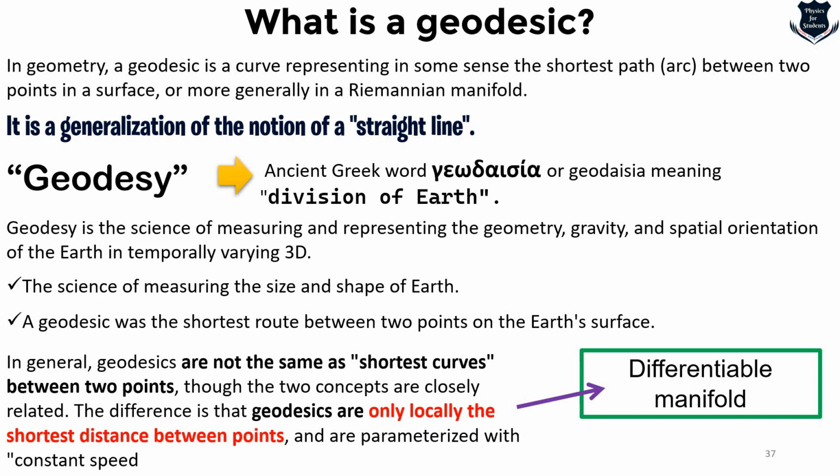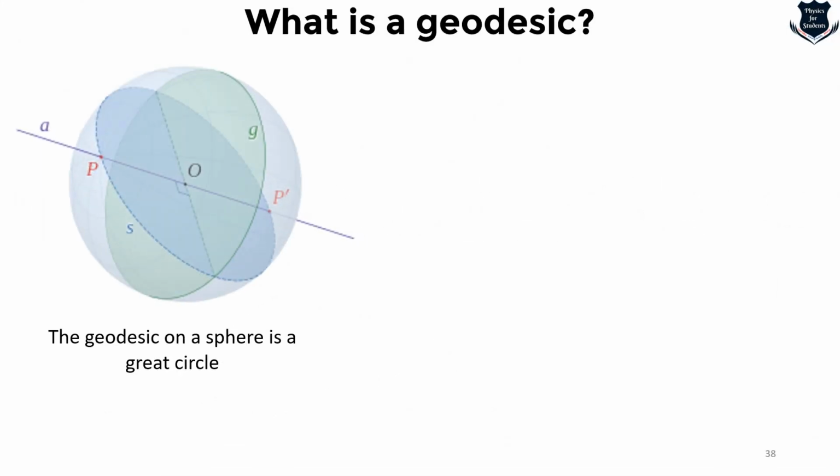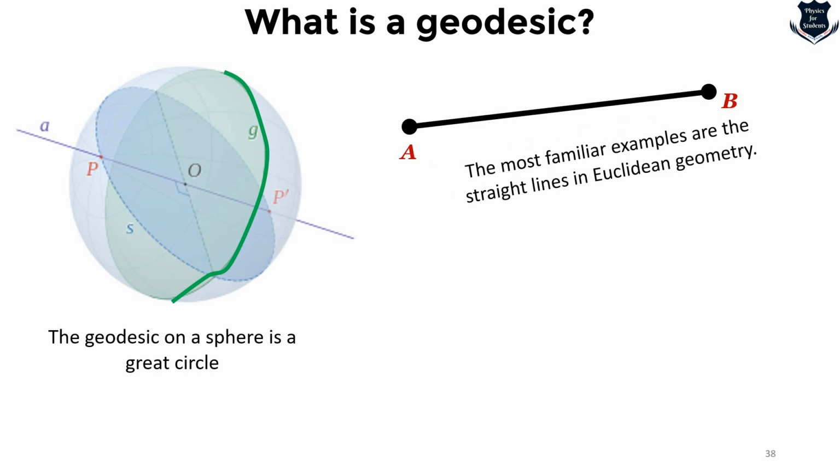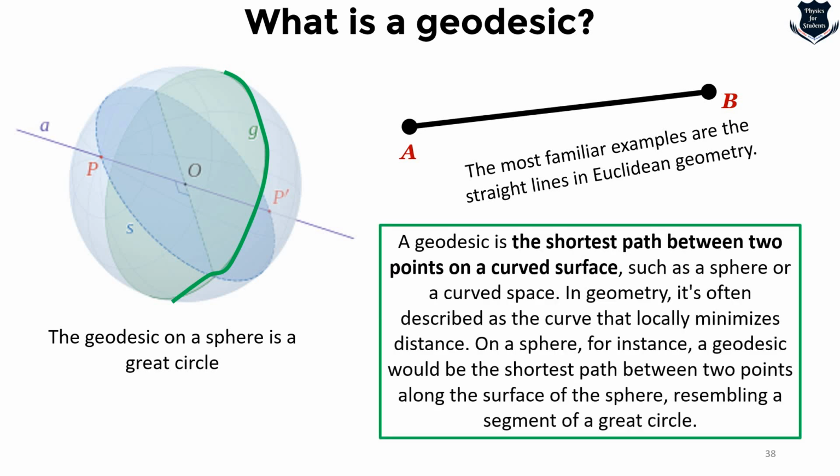Let us see this as a visual idea. So you see, this is the Earth, and this green line, the great circle, is considered to be a geodesic on a sphere. This straight line connecting A and B is also very familiar from Euclidean geometry, and it can be considered the shortest path between two points. So we can say that a geodesic is the shortest path between 2 points on a curved surface.